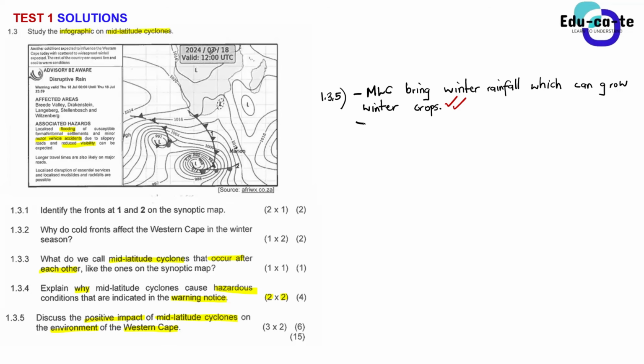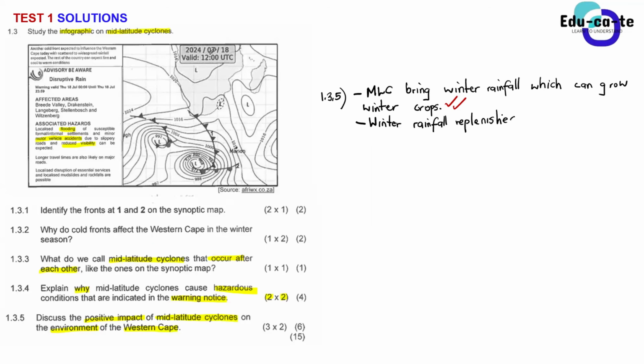Any benefit that you can use for winter rainfall, even this point of replenishing water in rivers, as Sam said. If we can have a lot of rainfall during winter, rainfall actually replenishes water in rivers. As long as it's a positive thing, guys.